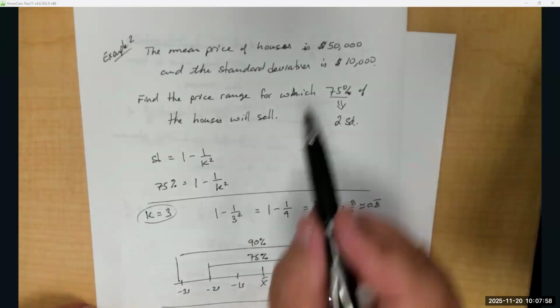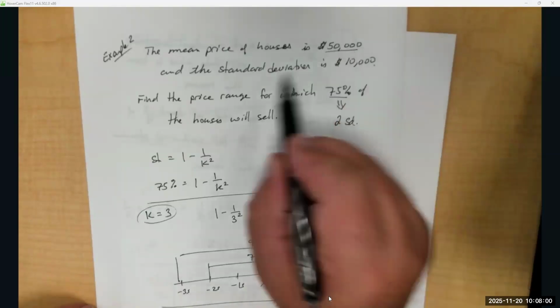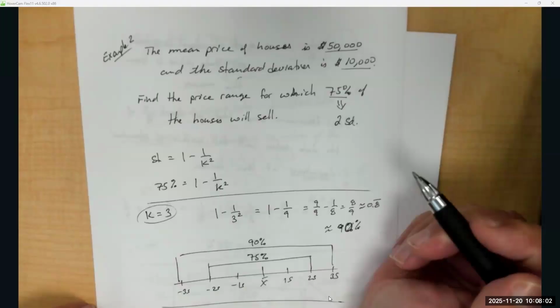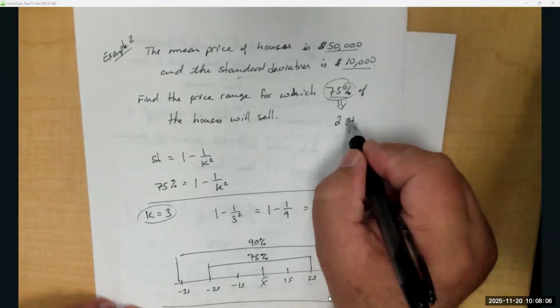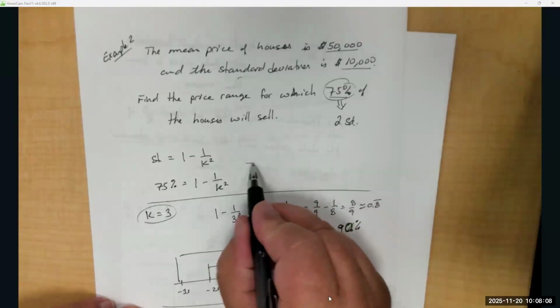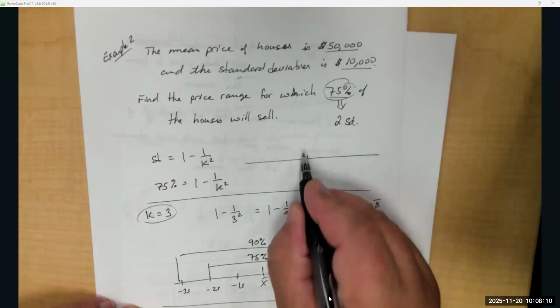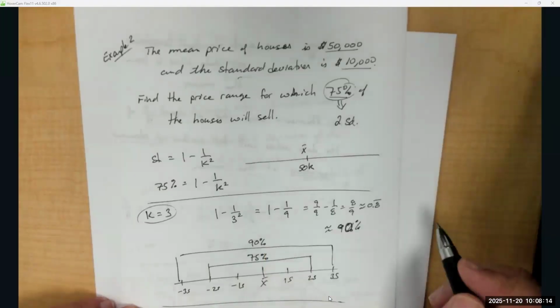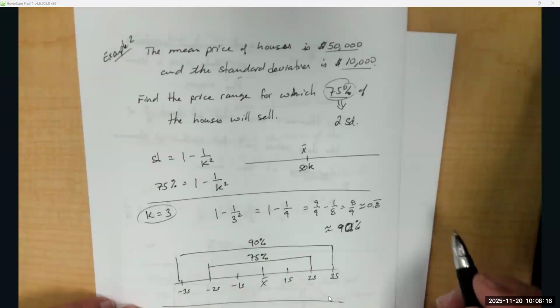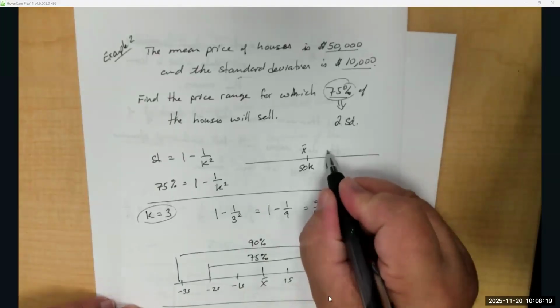The question is saying we start off at 50,000 and each standard deviation is 10,000. And 75% is 2 standard deviations. So if we look at our scale, the mean is 50,000. What would 1 standard deviation be?